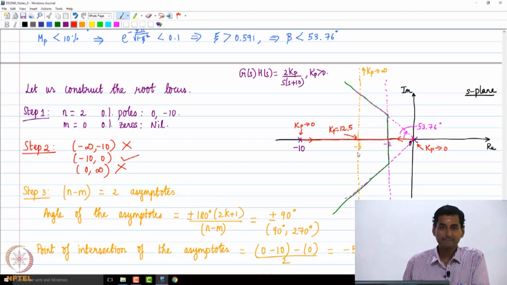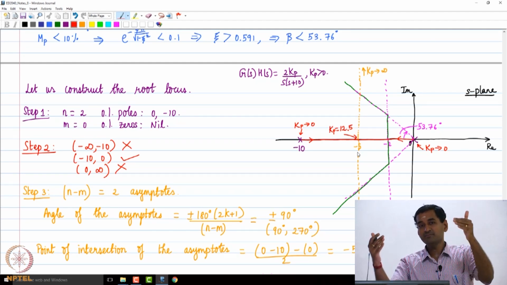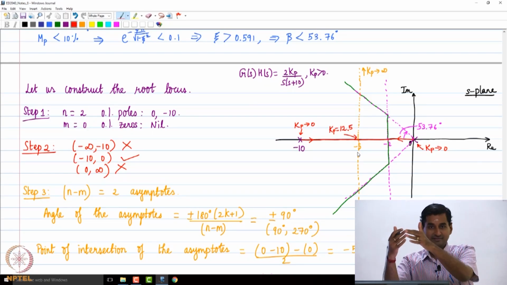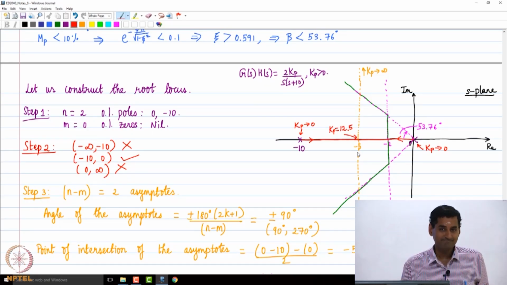Okay. So what is the meaning of a breakaway point in the complex plane? Here we know that it diverges from the real axis. What does that mean in the complex plane? You may have two root locus branches coming and intersecting at some point in the complex plane. There is nothing which says we cannot.